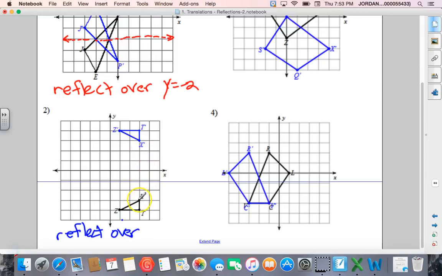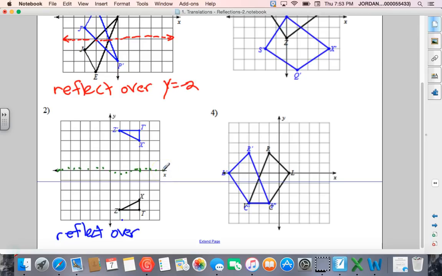Let's count how far apart they are. 1, 2, 3, 4, 5, 6 apart. So halfway between them would be 3 apart. So we go 3 from X: 1, 2, 3. Right here is our middle. So they're reflecting over this line right here.